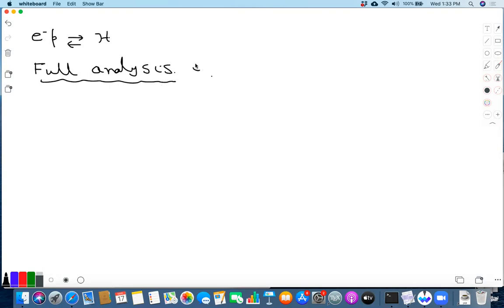This involves multiple variables. In fact, in principle, an infinite number of variables. So we define Ne as the number density of free electrons.